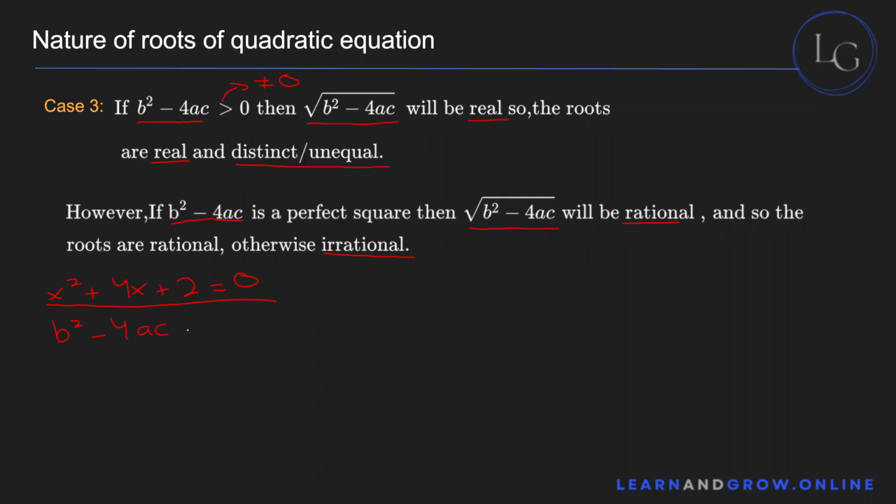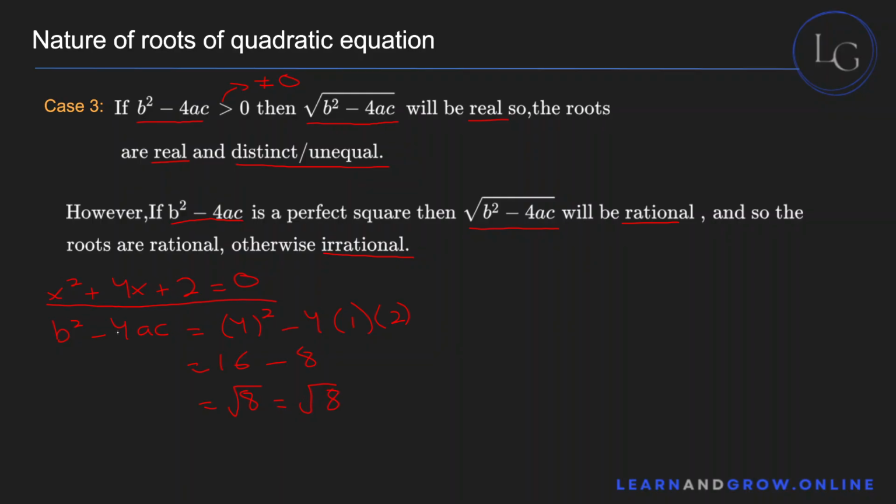So b square minus 4ac is equal to 4 square minus 4 into 1 into 2, which becomes 16 minus 8, which is equal to 8. 8 is not a perfect square of any number. So if you do under root 8, it will just remain under root 8. It's not a perfect square of any number.